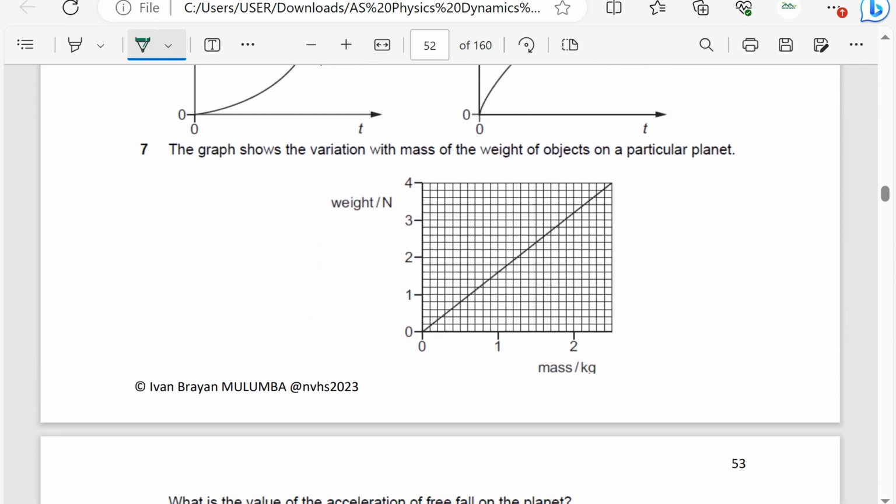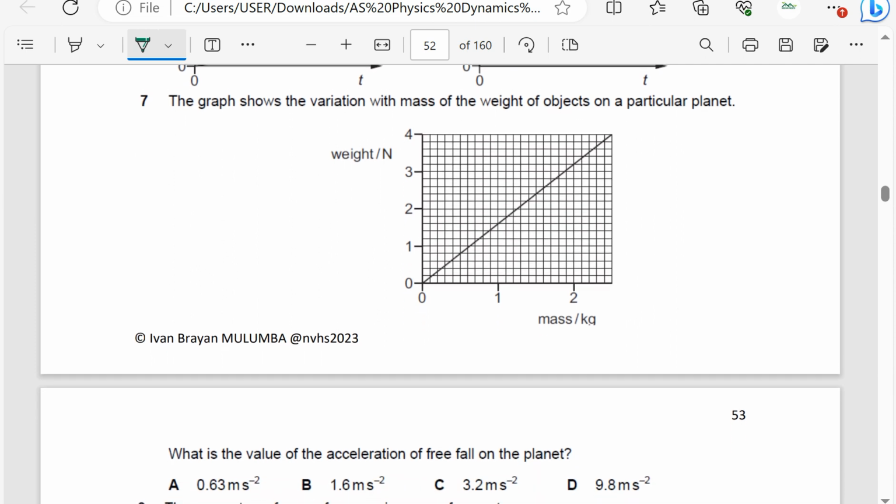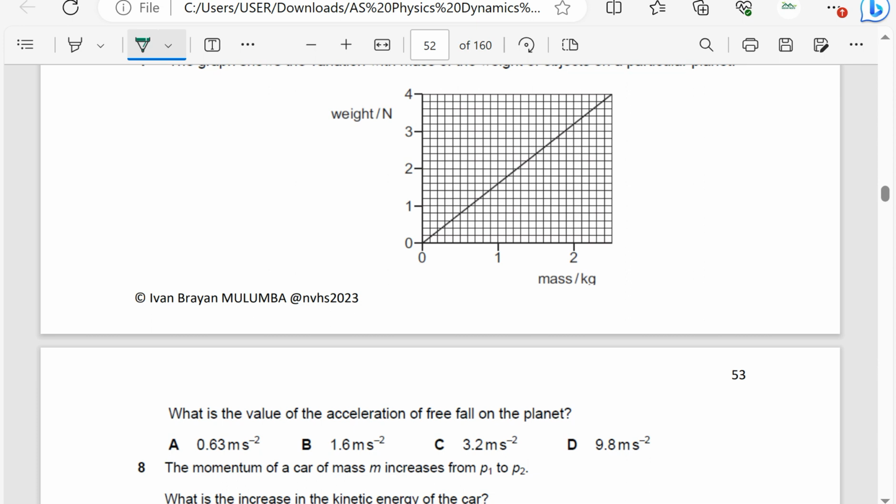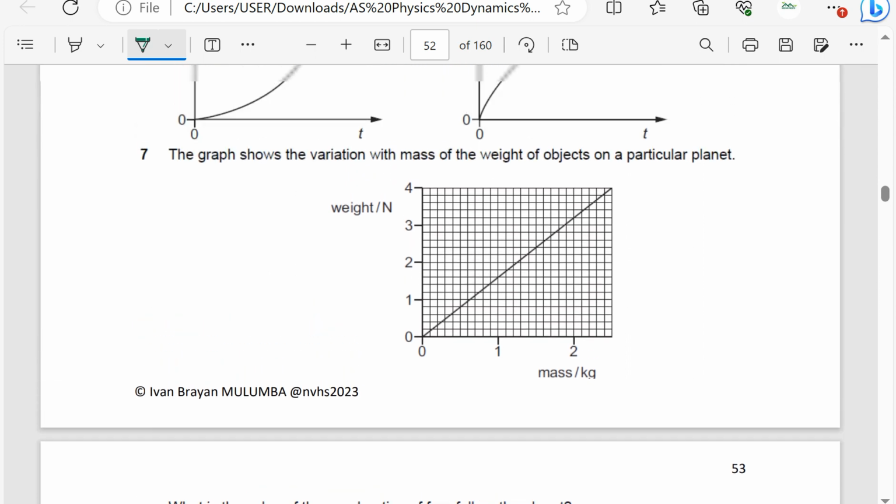The graph shows the variation with mass of the weight of objects on a particular planet. What is the value of the acceleration of free fall on the planet? We know that weight is equal to mg. So if I have a graph of weight against m, the gradient is g.